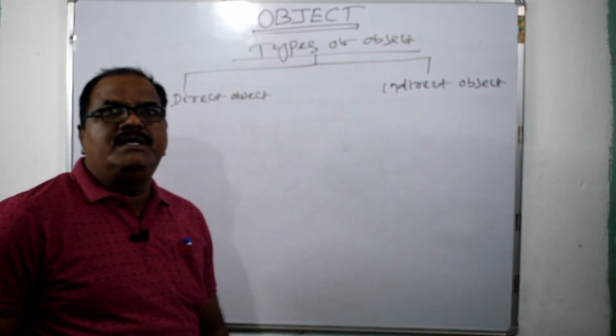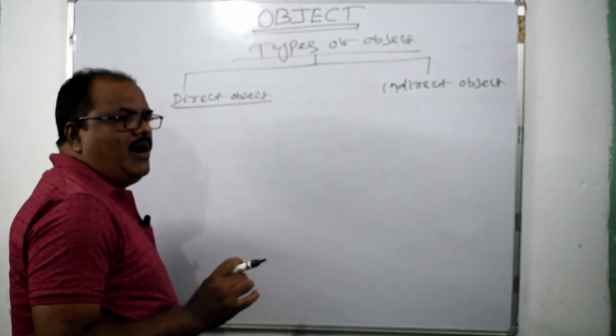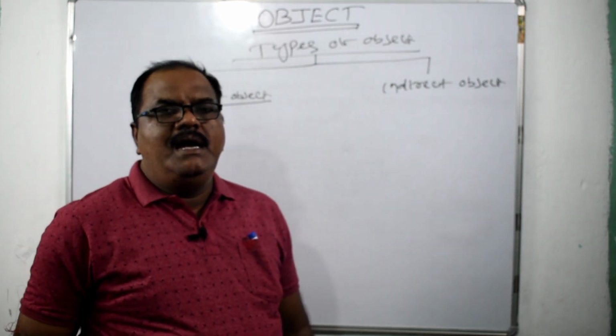At first, we'll discuss the direct object. What do we mean by a direct object?